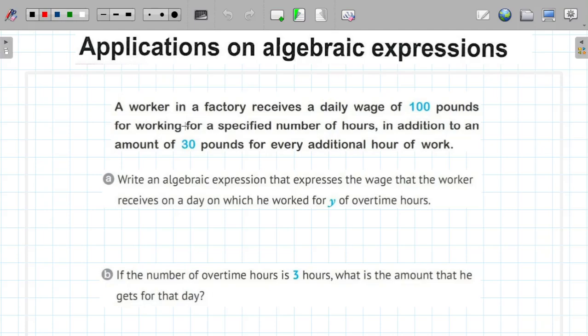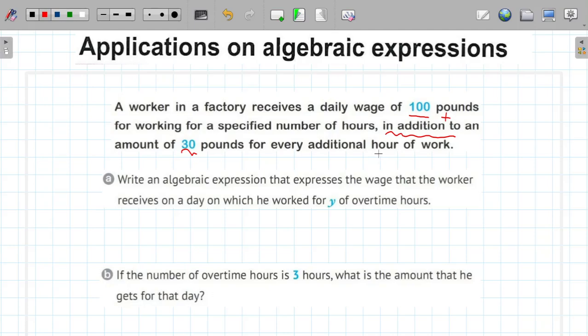Please read carefully. First, he receives 100 pounds. And next, in addition to, and that means it will be added to 100, an amount of 30 pounds for every additional hour.